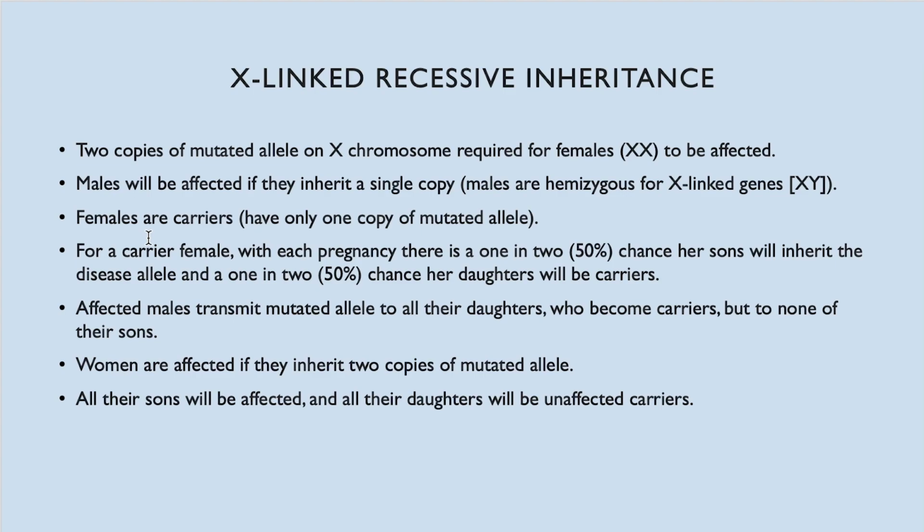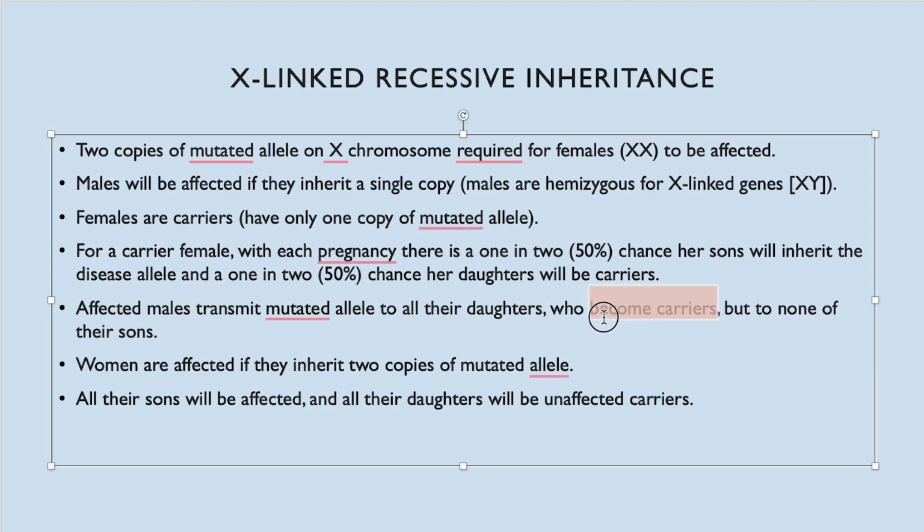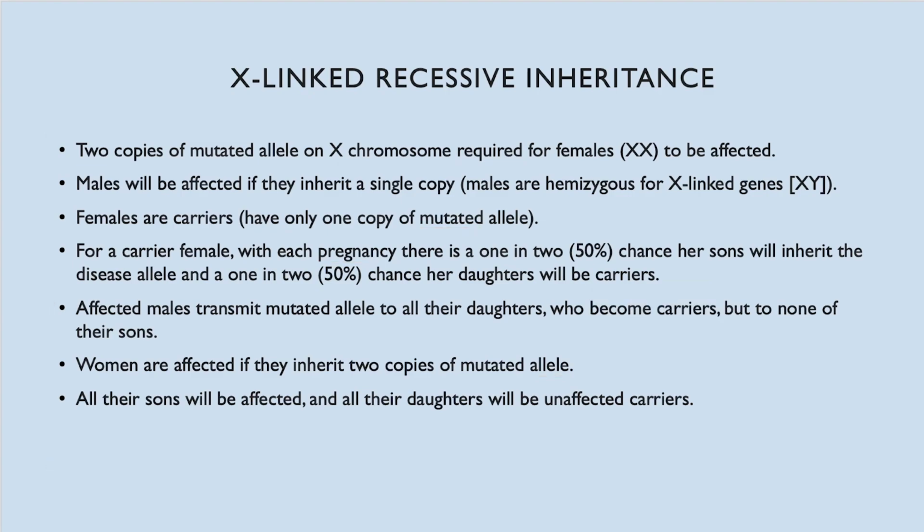Now these daughters will become carriers, and they don't pass any X chromosome to the sons. These daughters will become carriers unless the mother also has the mutated allele. In that case, they may inherit the 2 copies and will be affected.